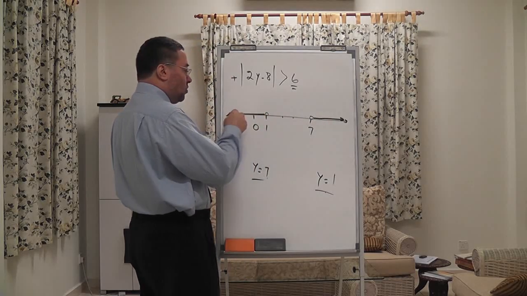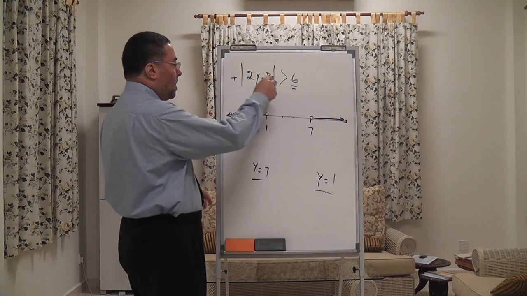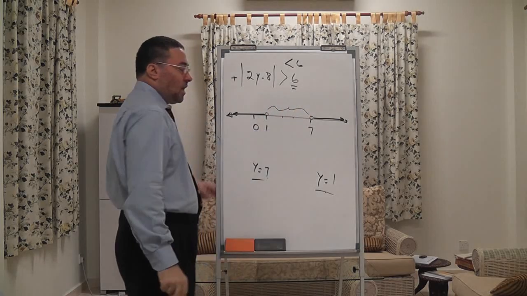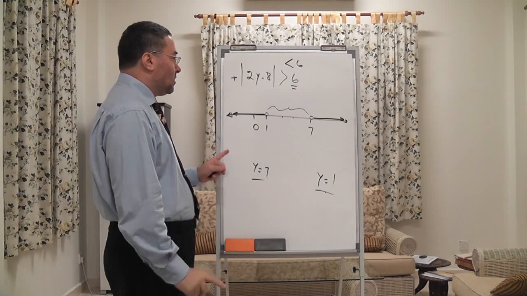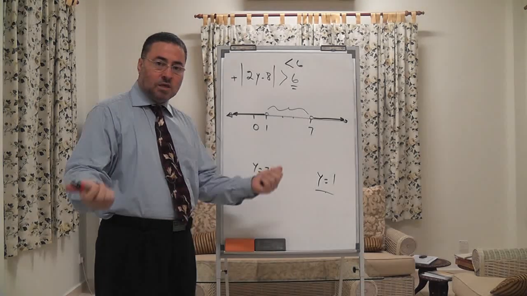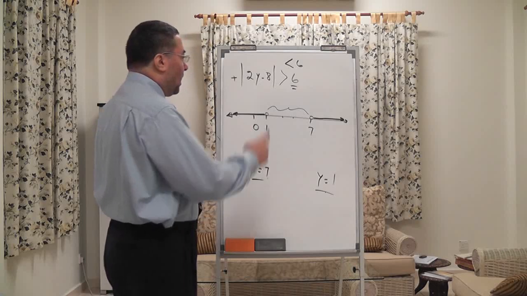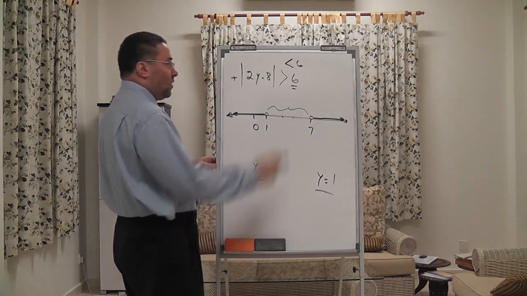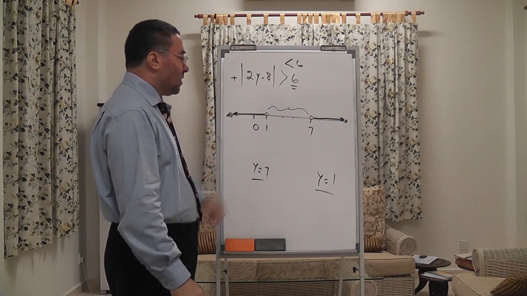And this will be the solution for our inequality. If this was less than 6, then the solution will be inside or between the roots. So you have only two situations when you are solving these inequalities. Your solution is either outside the roots or inside the roots. In this case, when it is more than, it is always outside. When it is less than, it is always between the roots.